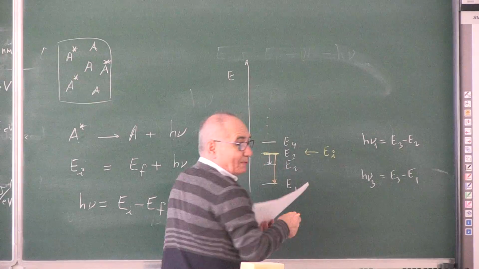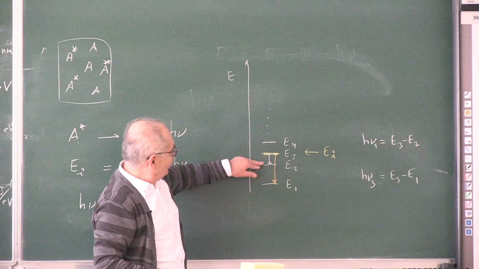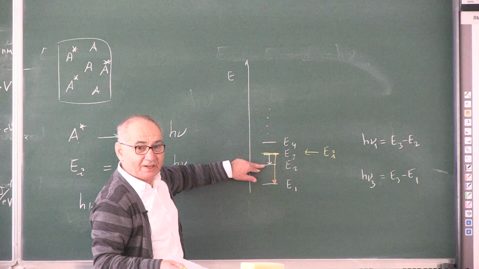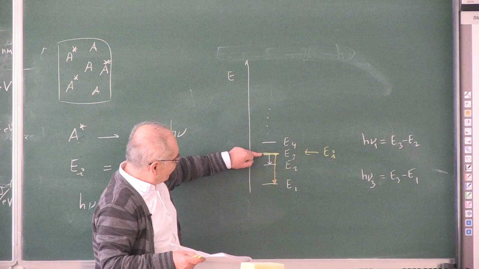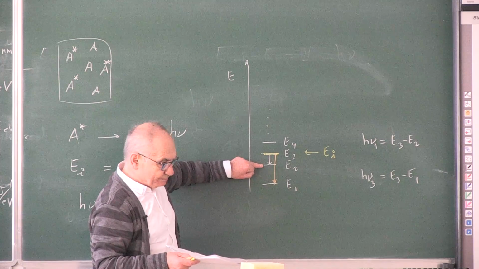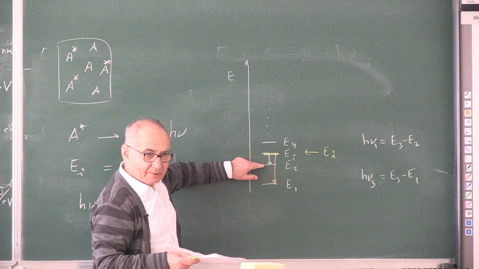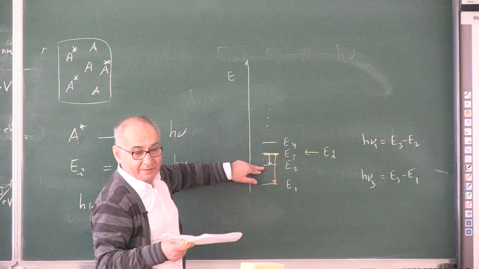But there is also one more possibility. You have to think about what will happen to this atom. It still has higher energy than the atom when it makes a transition to here. That it is still in an excited state. All right, and this state is also unstable.